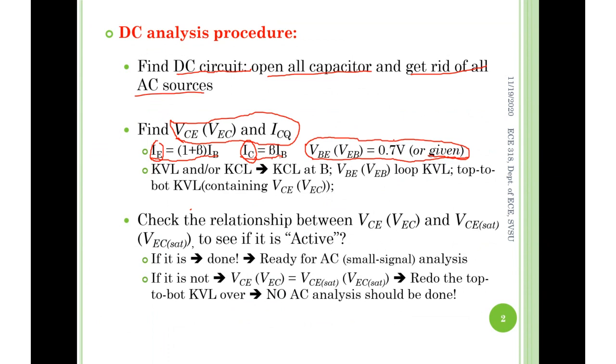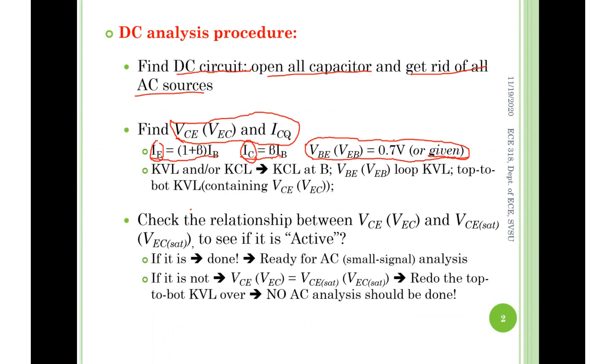Why is it 0.7? Is it the material? The material silicon is making this 0.7 volts happen.